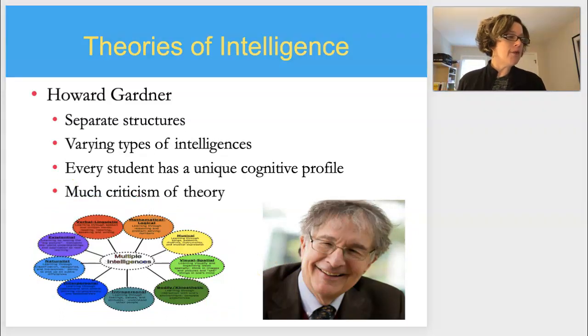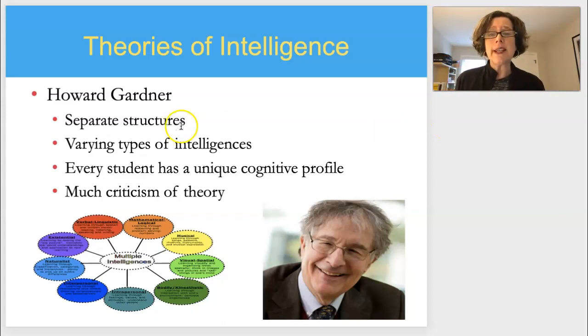The problem with this theory is it's sort of losing vogue as an actual intelligence theory. We still refer to it when we introduce lesson planning to you in this program. We still refer to it as possible ways to have variety in your lesson plan, but we don't refer to it anymore as an actual intelligence theory about how students actually learn.